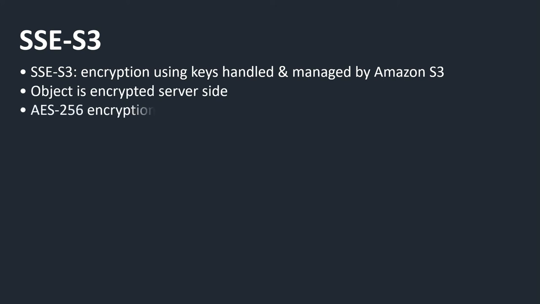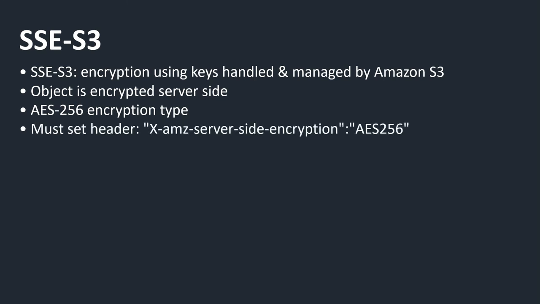SSE means server-side encryption, and the type of encryption is AES-256, which is an algorithm. So to upload an object and set it to the SSE-S3 encryption, you must set a header called x-amz-server-side-encryption: AES256. x-amz stands for X Amazon. So x-amz-server-side-encryption AES256, and this is how you remember the name of the header.